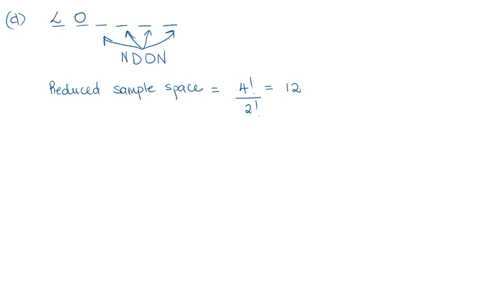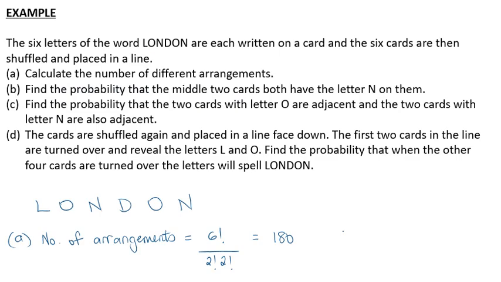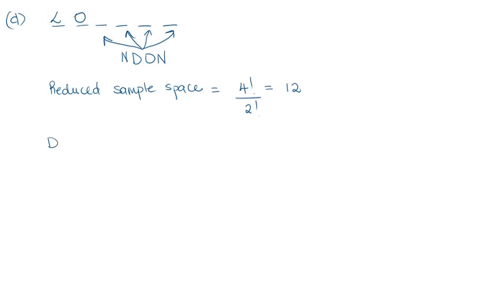Looking at the event though, let's go back to the event. Letters will spell London. So let's define that as D. Well, the number in D would be 1 because we have the LO and we want to place NDON.